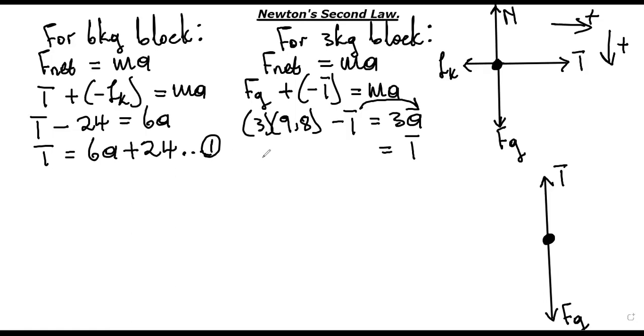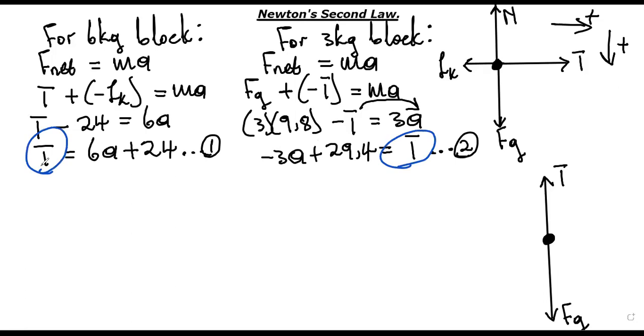So this means 3A will be negative, and then 3 times 9.8 will simply be 29.4. And then we call this one the second equation. Then here we realize these two equations are equal because they are both equal to T. So because they are equal, we equate them.